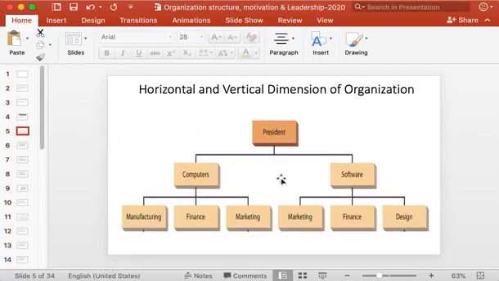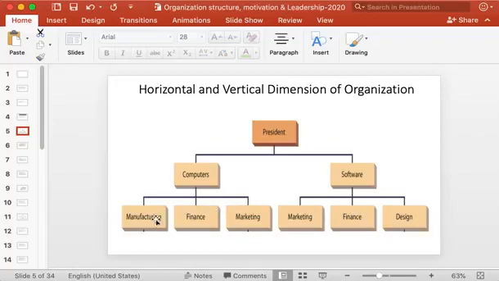So if you look at this organogram or organization structure, the different units at each level represent the horizontal dimension.